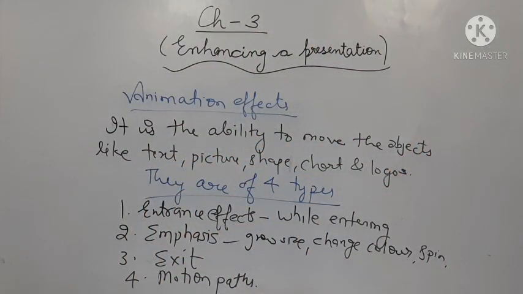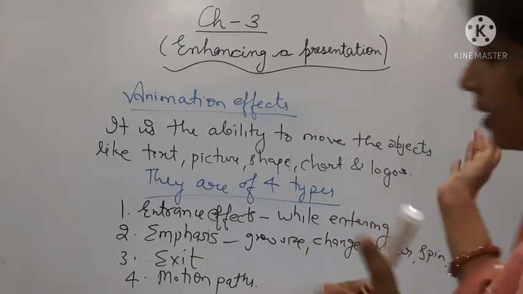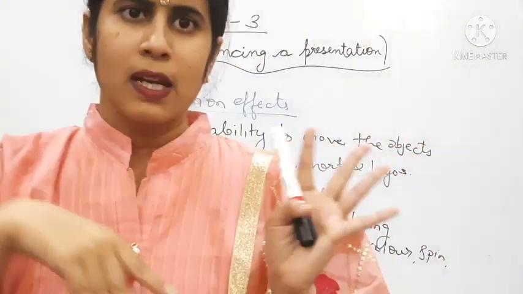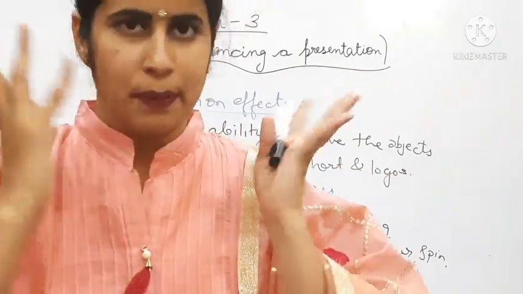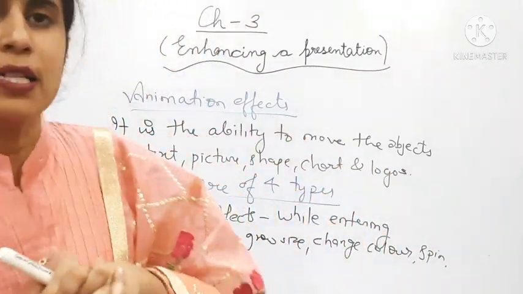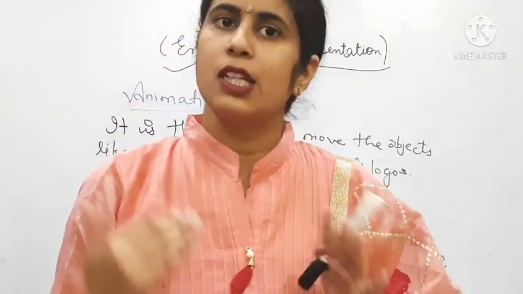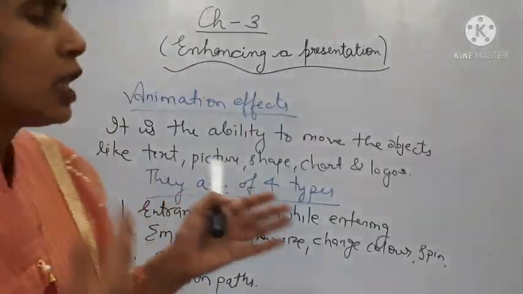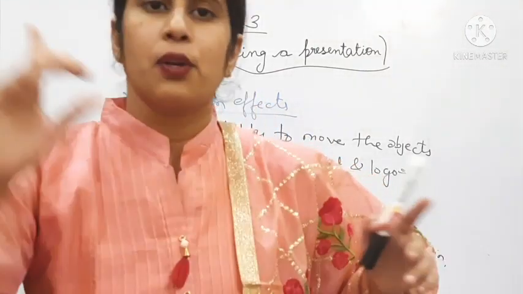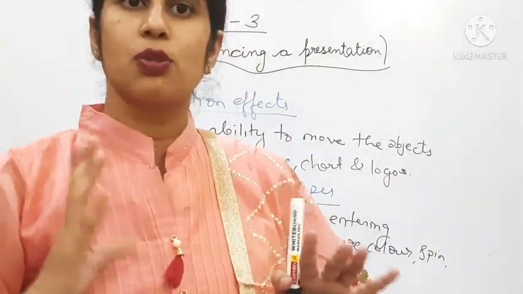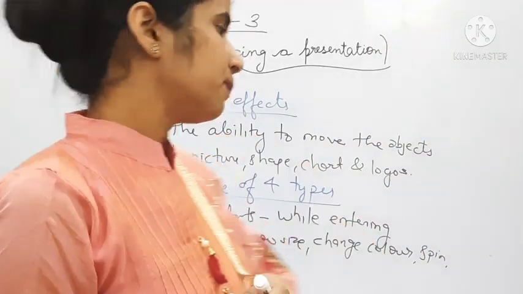The first one is grow in size. Suppose anything is normal and suddenly it increases its size, so it will look attractive to us. Change in color means the color automatically changes, and the last one is spin. In the spin, it starts to rotate on the screen, so we will get attracted there.